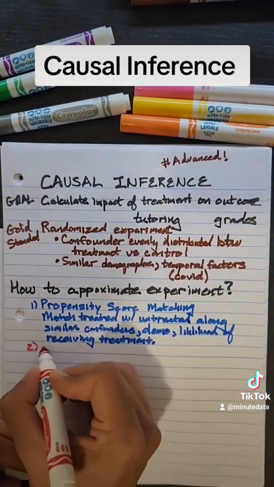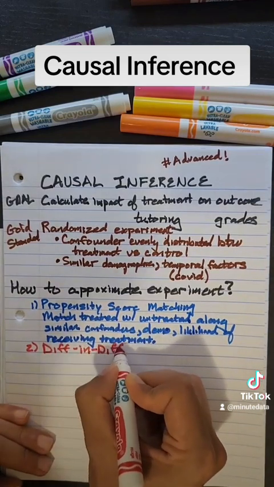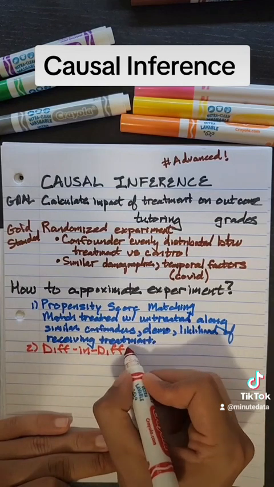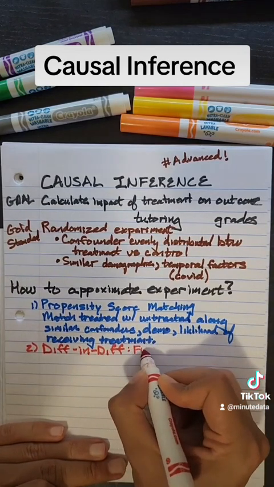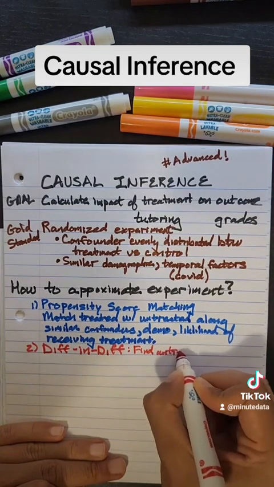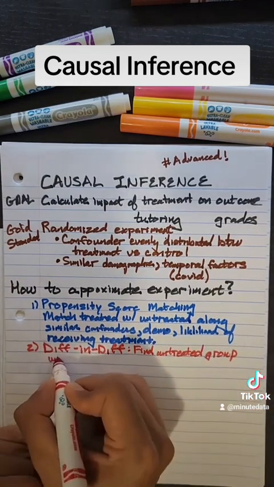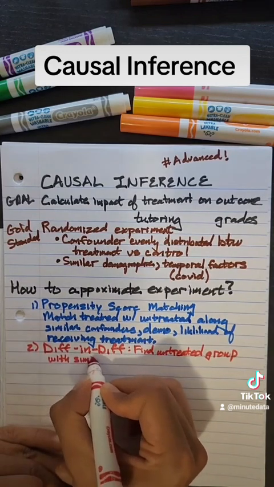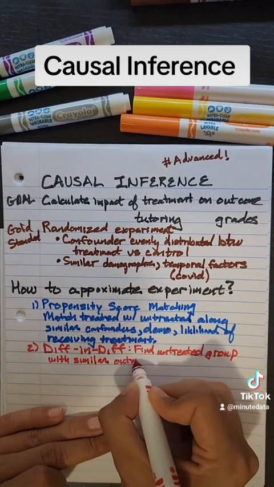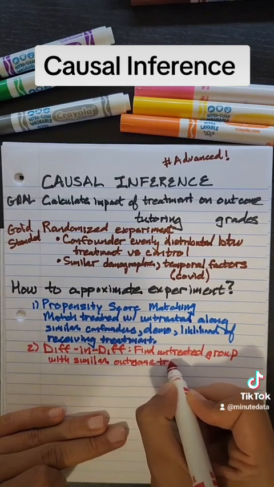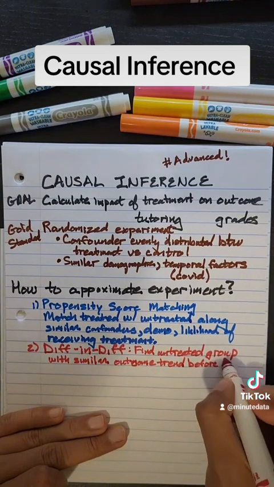The next technique we'll talk about is called differences in differences. We're first going to find an untreated group with similar outcome trends before the treatment period.